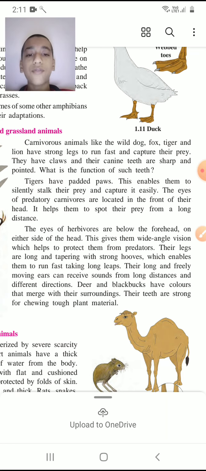Their long and freely moving ears can receive sound from long distance and different directions. Deer and black bucks have colors that merge with their surroundings. Their teeth are strong for chewing tough plant material.